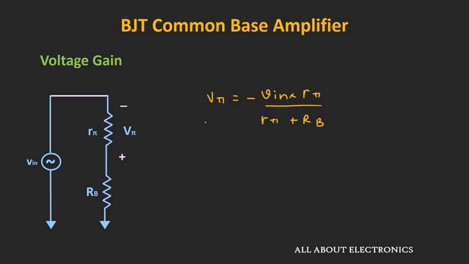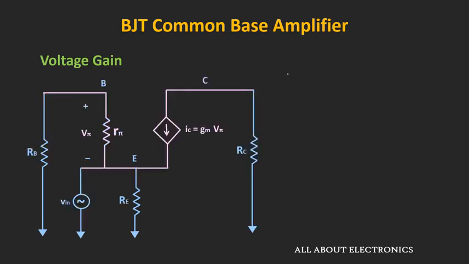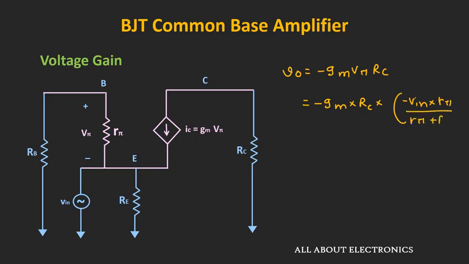Now let us put this value of V pi in the earlier expression. That means the voltage Vout is equal to minus Gm times V pi times RC, which is equal to minus Gm times RC times minus Vin times R pi divided by R pi plus RB.